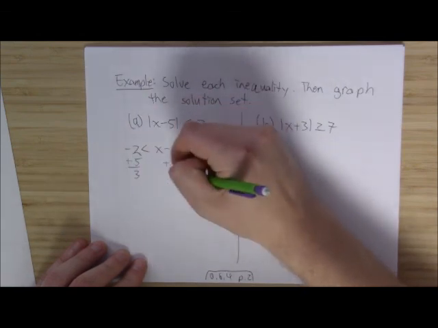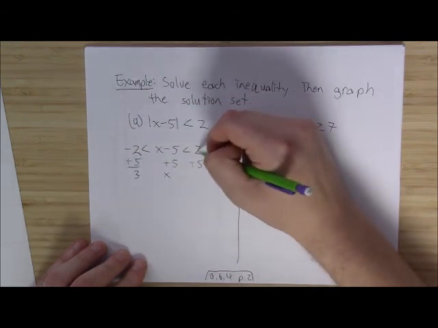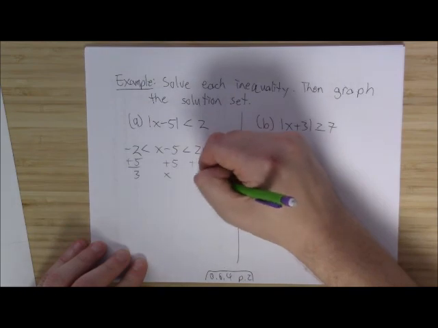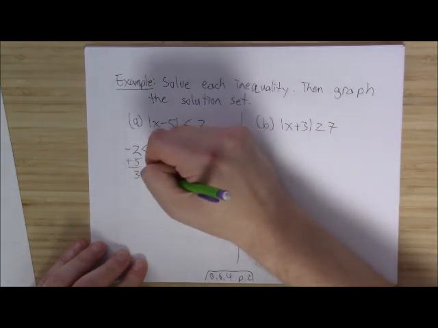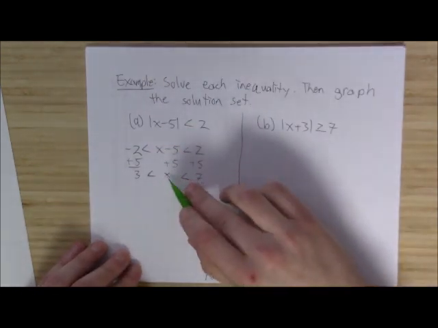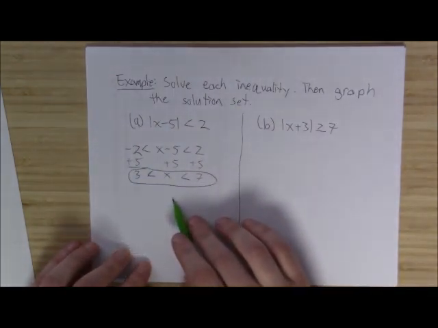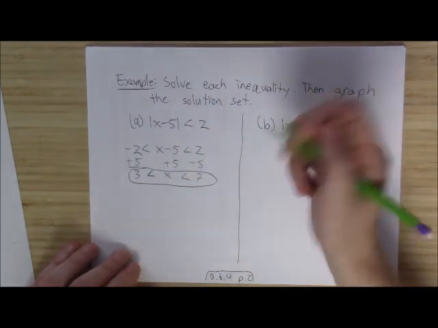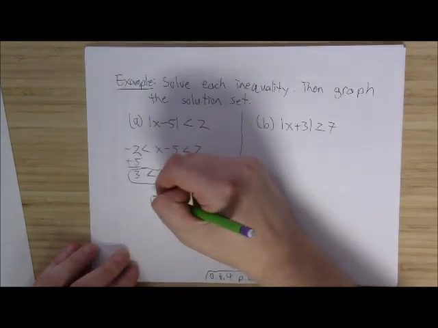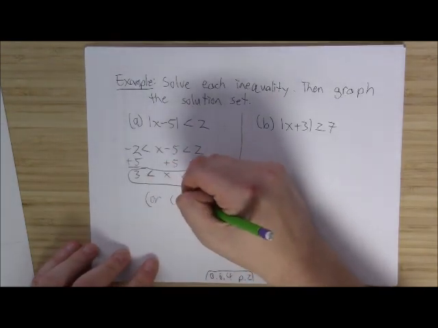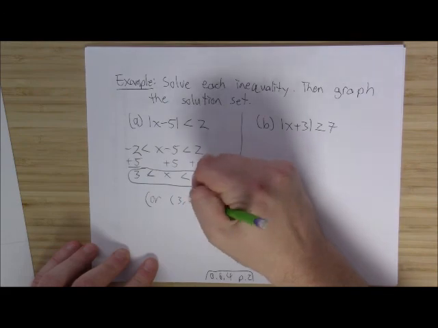You get 3, you get x, and you get 7. And adding and subtracting preserves the inequality. And so this is actually our solution set, or if you prefer, in interval notation, it's the interval 3 to 7.